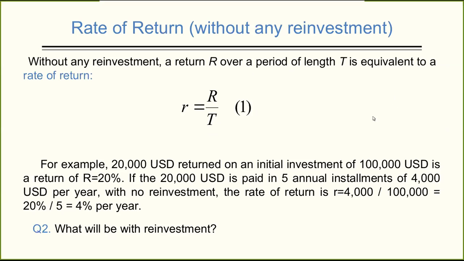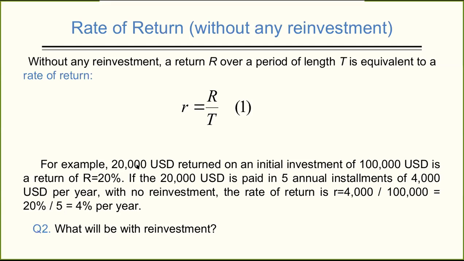For example, if we have 20% for 5 years, we can divide 20% by 5 years.